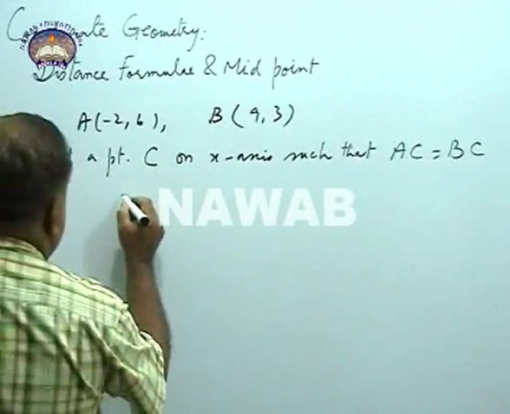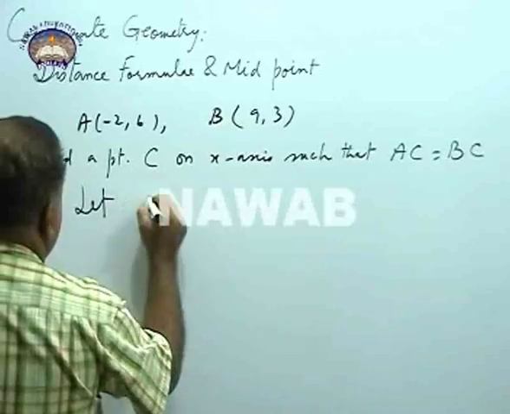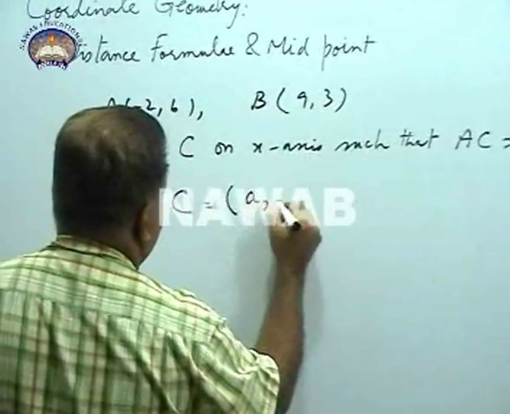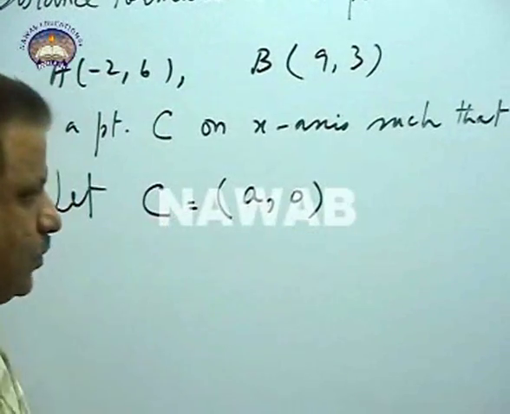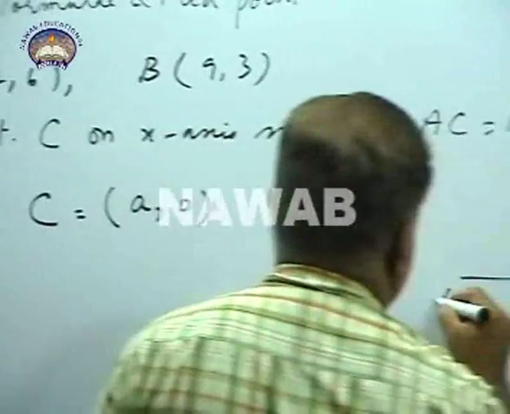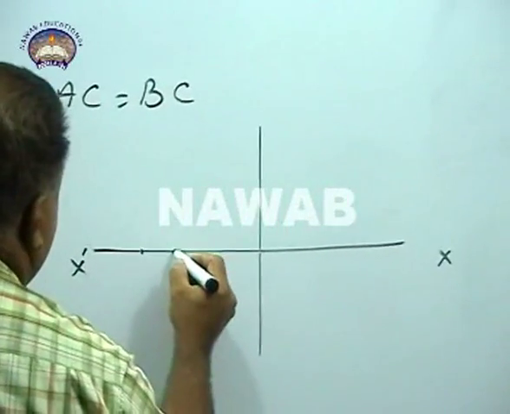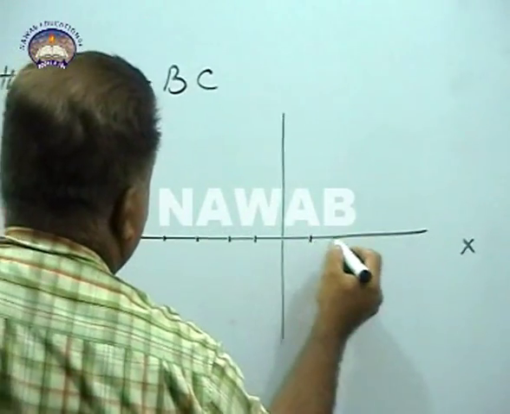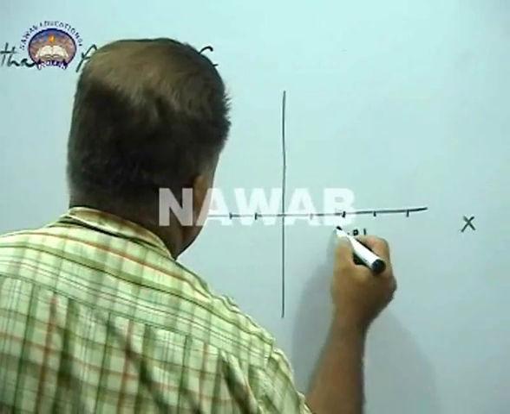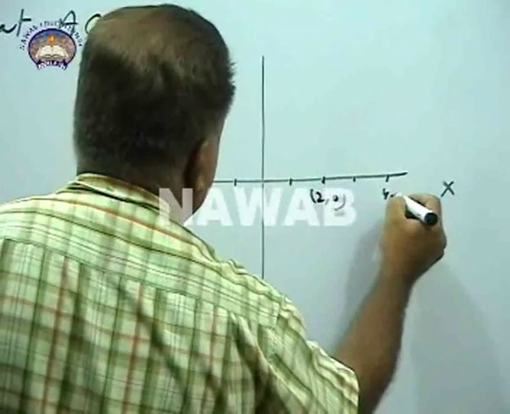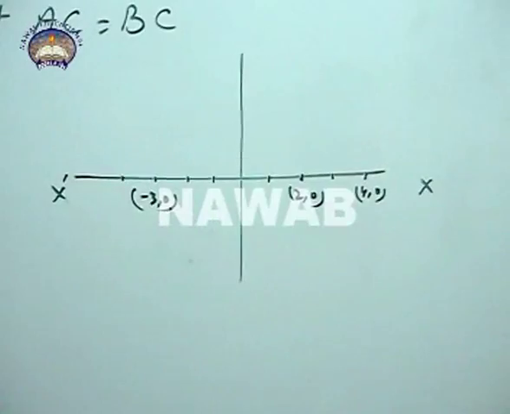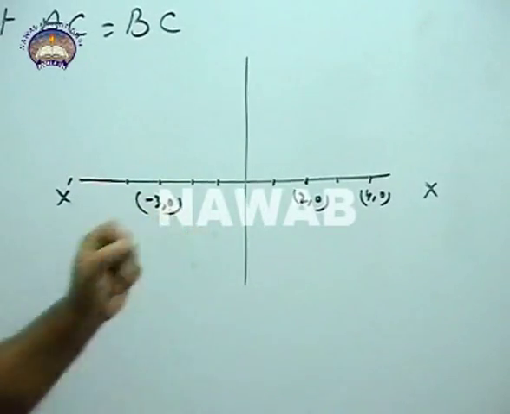It means, suppose C is a point whose coordinates will be (a, 0), because when we take a point on x-axis, every point on x-axis has y coordinate 0. If this point is 2, we write (2, 0). If this is 4, we write (4, 0). And for this point we write (3, 0). So therefore on x-axis y coordinate is 0.